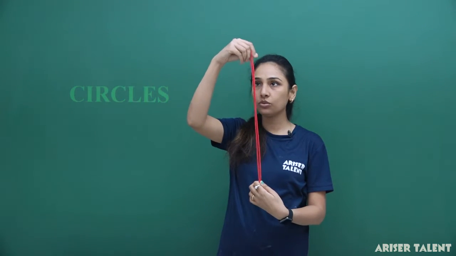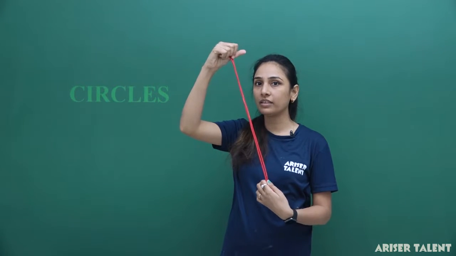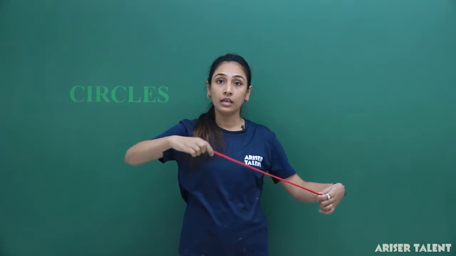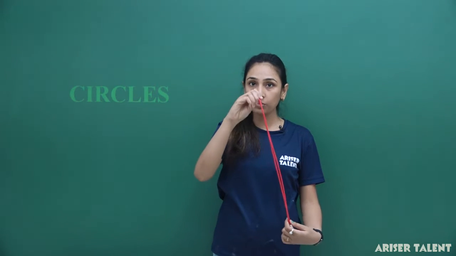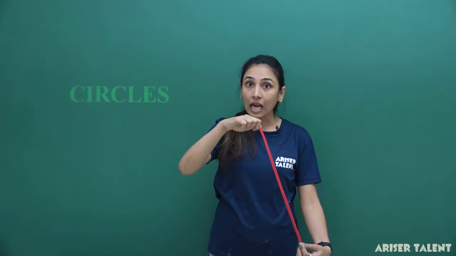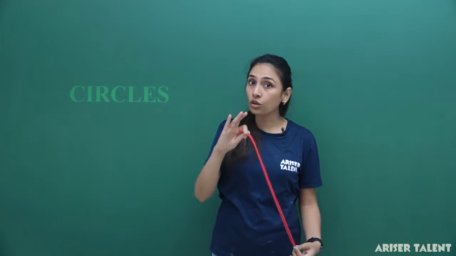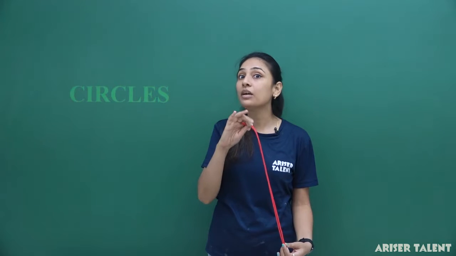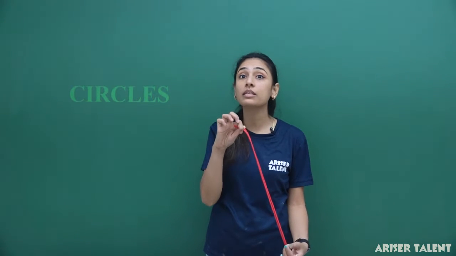Don't assume it to be 2 threads, but assume it to be only 1 thread. Yes, this is a charger cable. Okay, look at it, I am holding it from this side, and now I am rotating it, right? Just watch it very carefully, because I am going to discuss some definitions with relevance to this example.